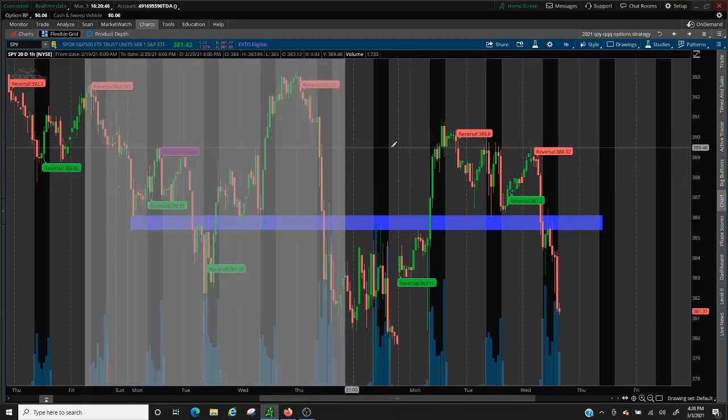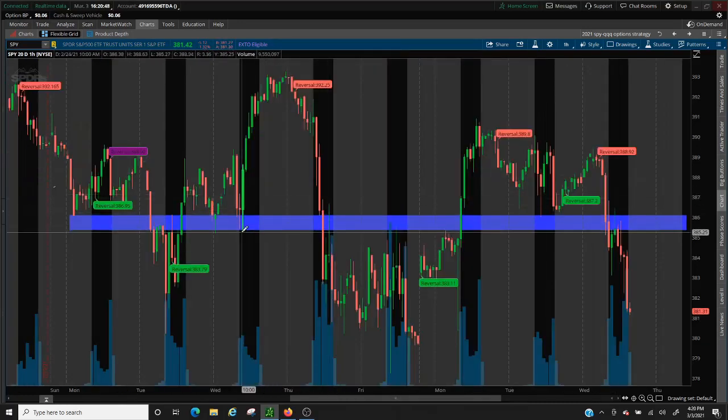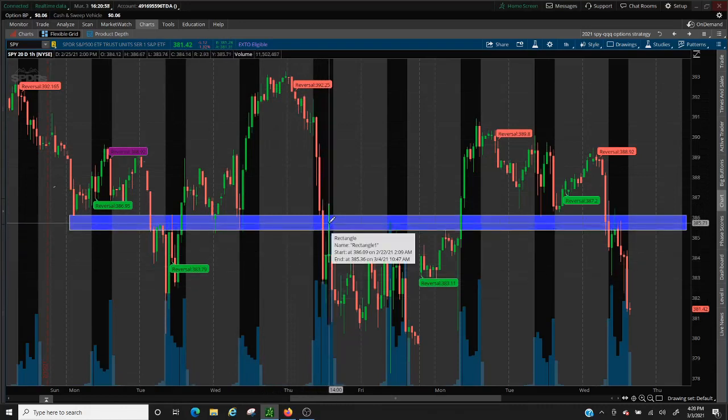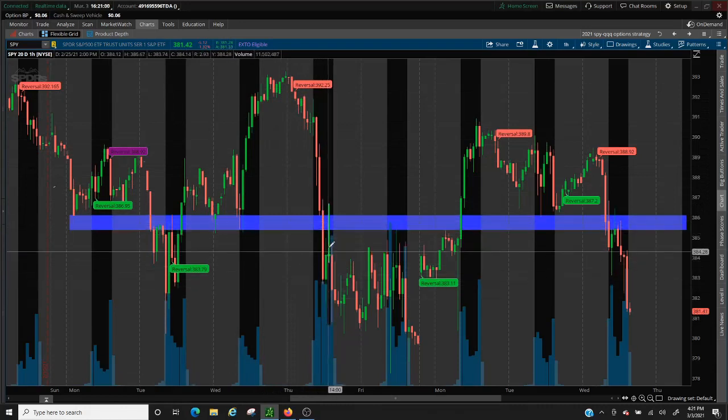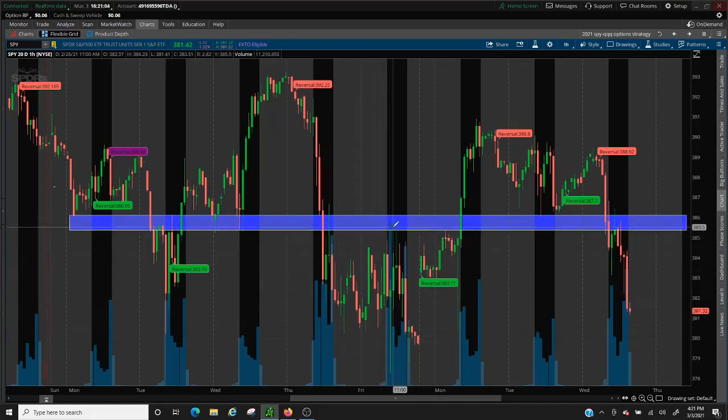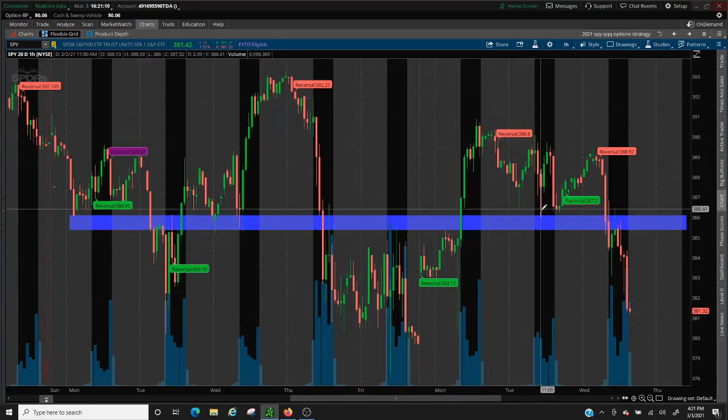It comes back to that area, and it bounces back from it because we know that that was previous resistance, and then it shoots up until it breaks through it, and tries to go through it but gets resisted again. The price comes back up to the same area, and look at this, it gets resisted again and again until it breaks through it, and then when it comes back down, it bounces on this area.